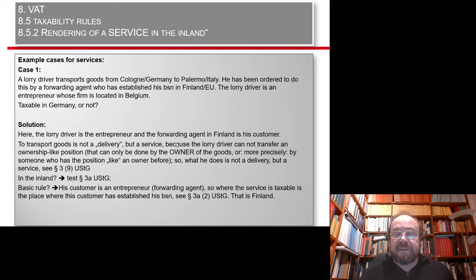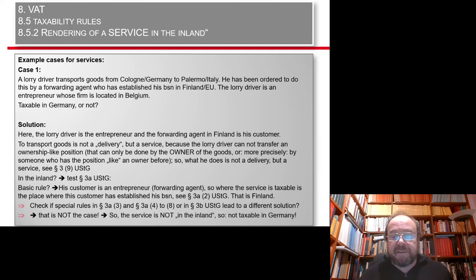We would have to check the other passages of 3A and of 3B, and if there is a deviating rule there, that's not the case, by the way. We are not going to do this now. And so the service is rendered in Finland, and that is not in the German inland, so it's not taxable in Germany.